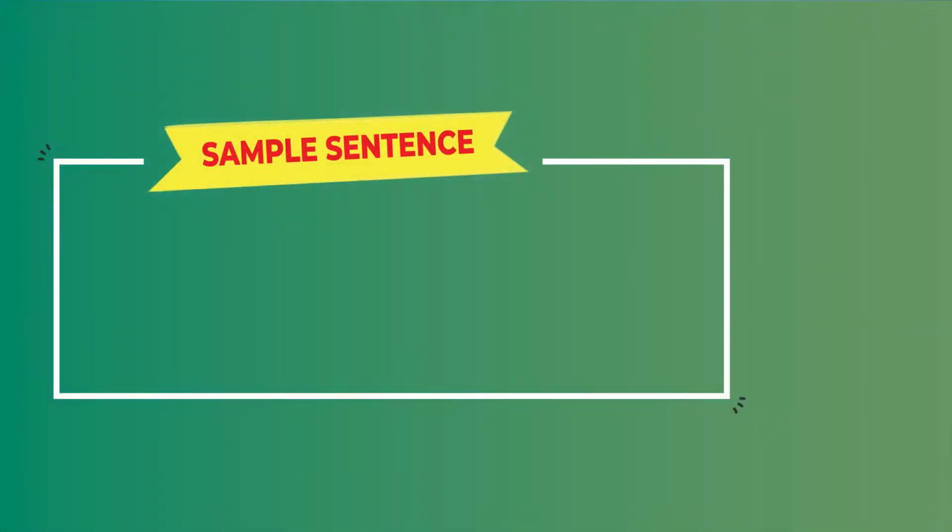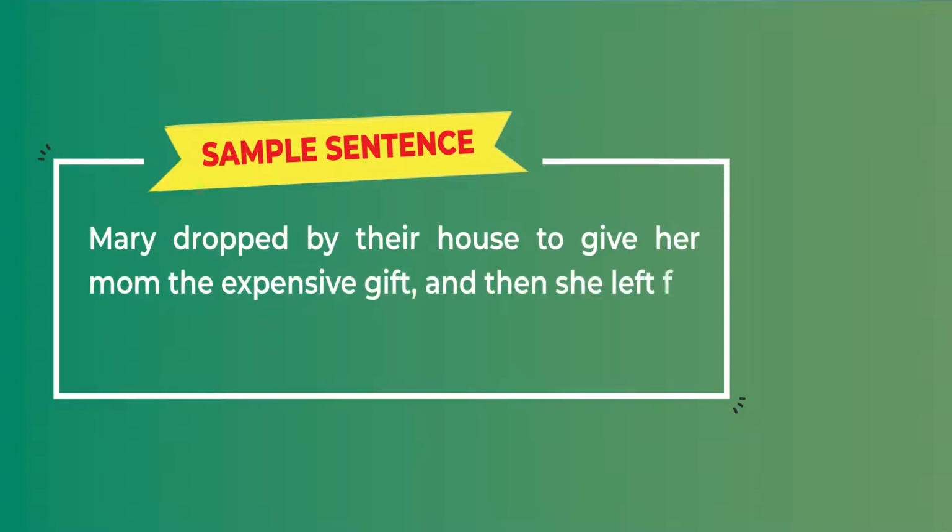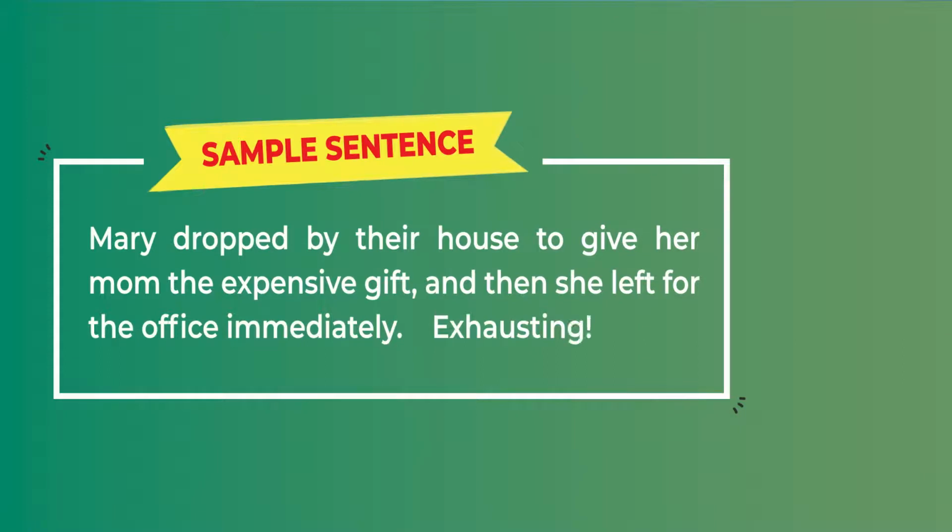Now, let's go back to our sample sentence and let's check the adjective we have in there. Mary dropped by their house to give her mom the expensive gift, and then she left for the office immediately. Exhausting. Can you tell me what's the adjective in the sentence?